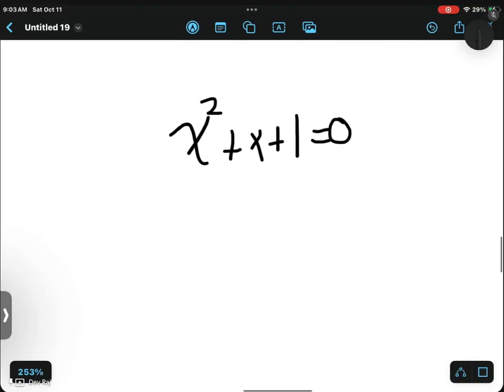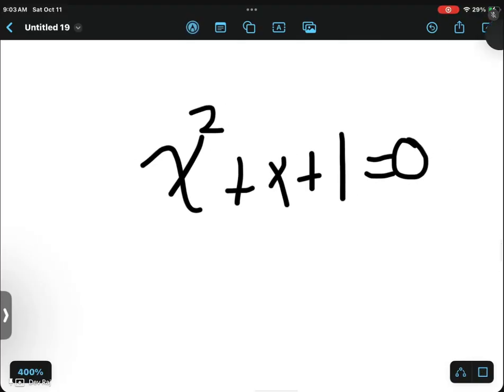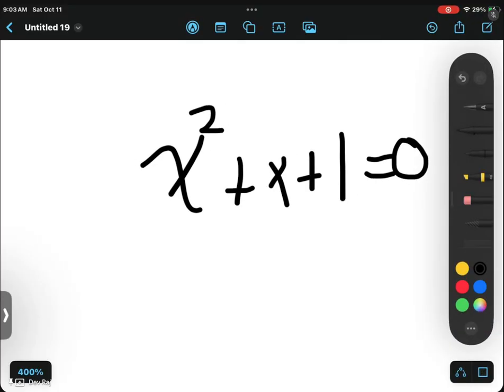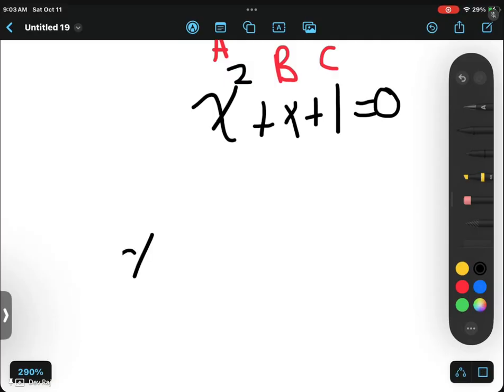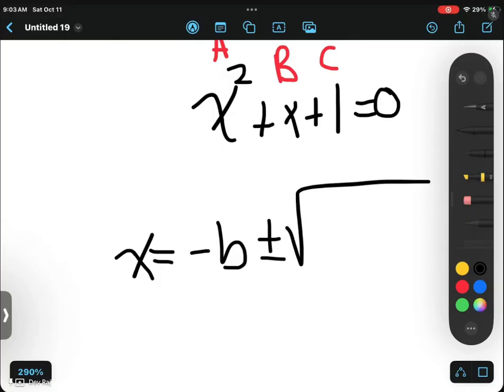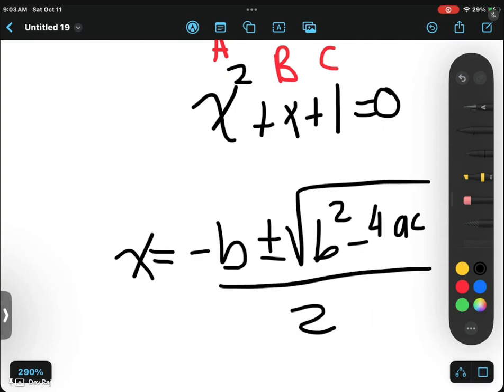If we identify our a, b, and c, this is our a value, this is our b, and this is our c. Our first step is to set up the quadratic formula, which is x equals negative b plus or minus the square root of b squared minus 4ac, over 2a, right?